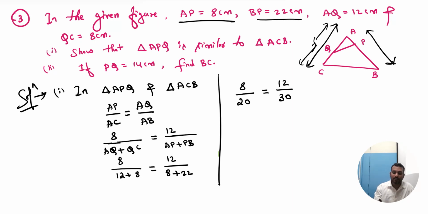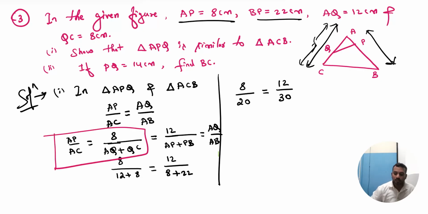See, we wrote AP by AC, we wrote AQ by AB. Am I right? Yes or no? Then what are we going to find here? This is the value of AP by AC, and this is the value of AQ by AB.